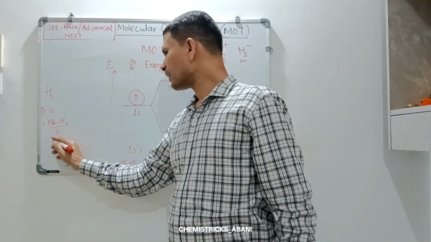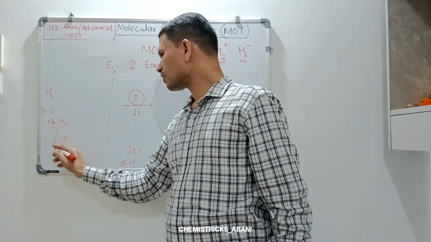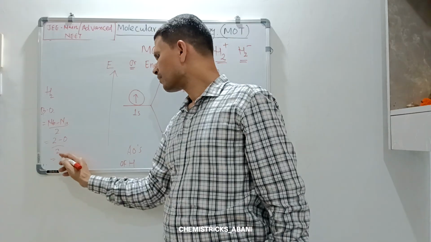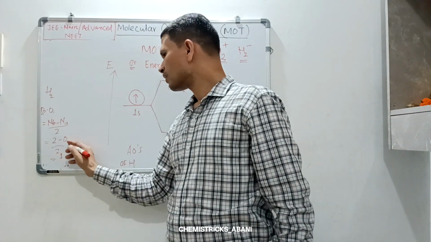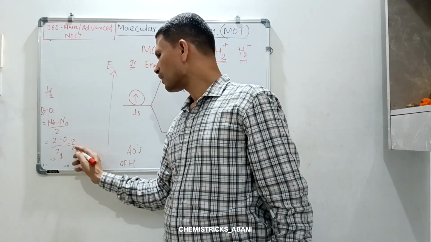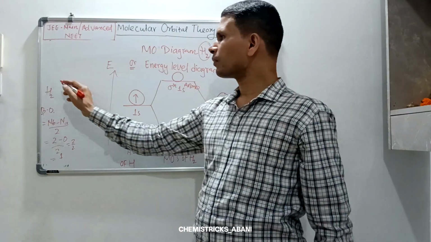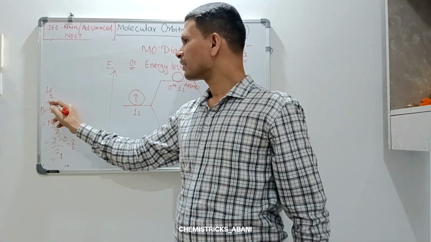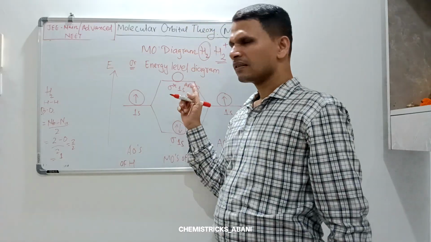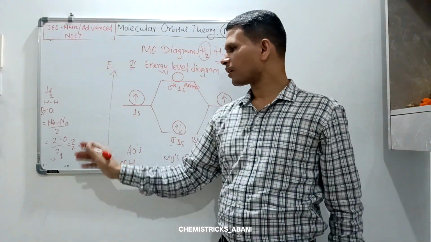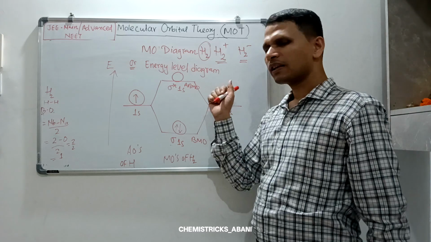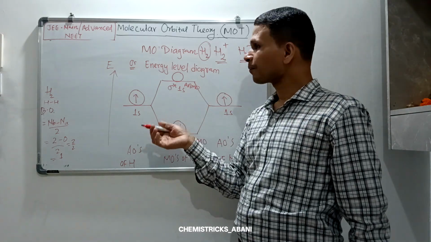So bonding electrons here are 2, anti-bonding electrons 0, so 2 by 2, it is 1. So there is only one bond between hydrogen and hydrogen. This is given by the bond order formula, and the molecular orbital diagram explains the same.